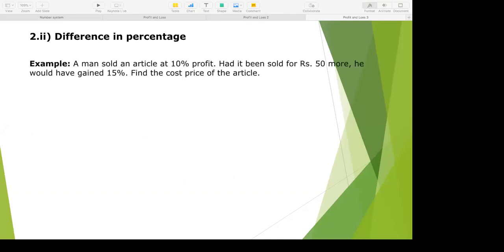A man sold an article at 10% profit. Had it been sold for rupees 50 more, he would have gained 15 percent. So find the cost price of the article.